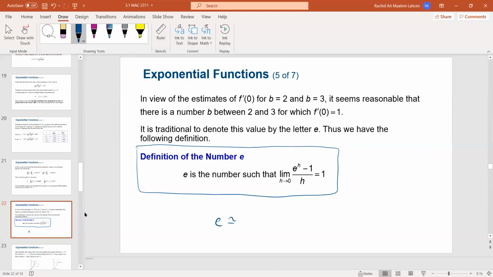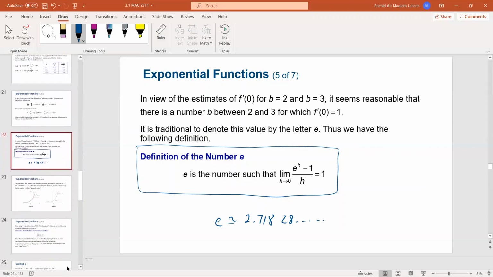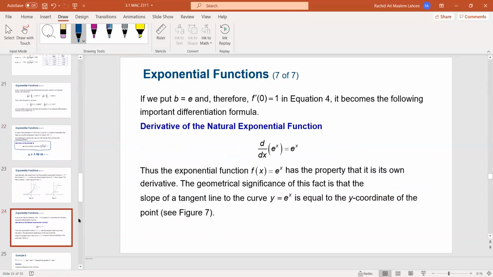It comes up to like 2.71828 and so forth. And where this number came from is this limit here. e is the number such that if you take this limit, it equals 1. But let's show first what you need to know before I talk about that, and it gets confusing.